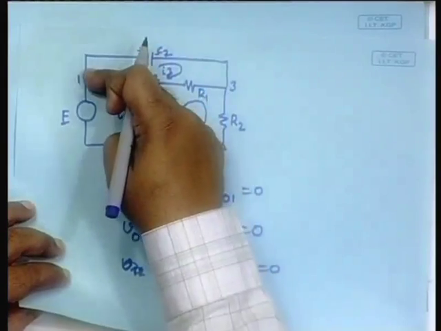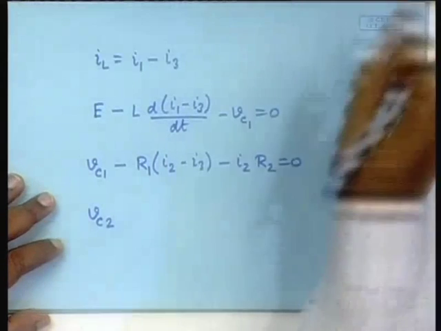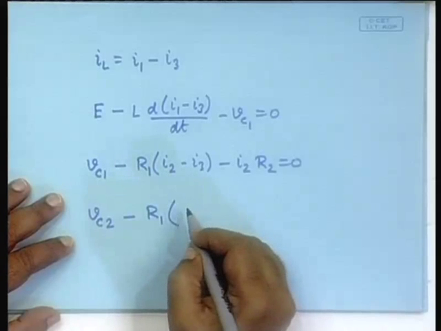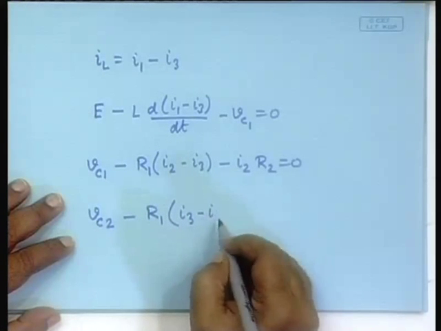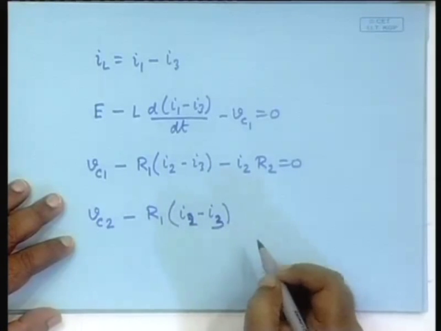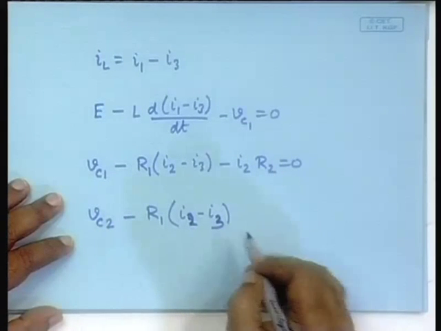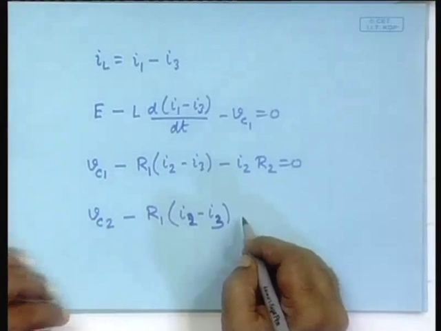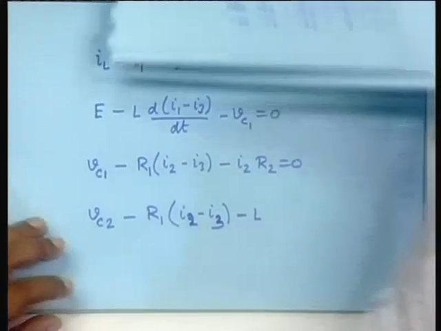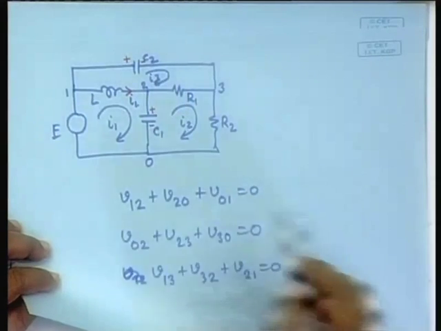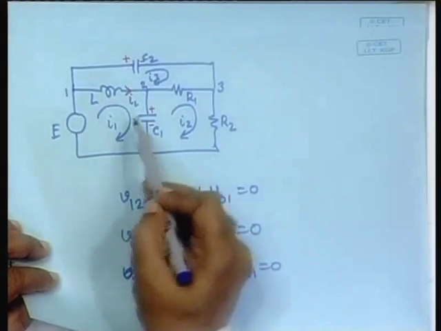Now, here I am going anti-clockwise, it is a rise, so I have to go this way, minus R1, it will be I2 minus I3, for the current sense, then minus L. Now, notice the direction, this was the direction of IL, I am going this way, it is I3 minus I1 flowing this way.